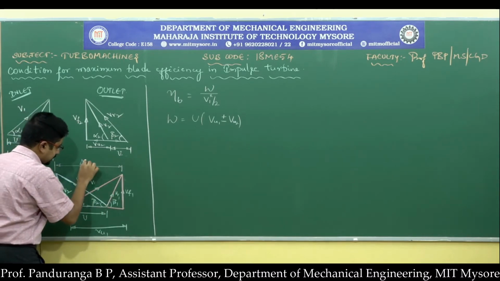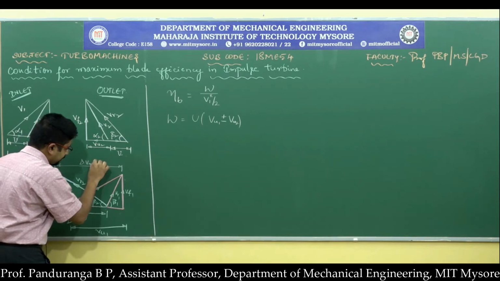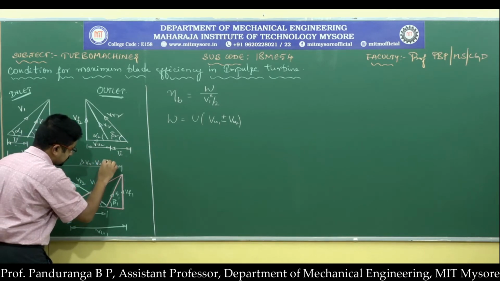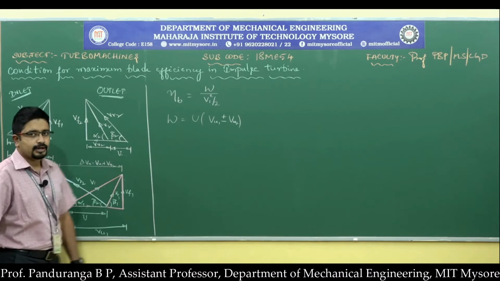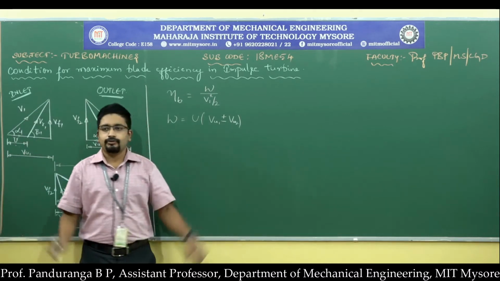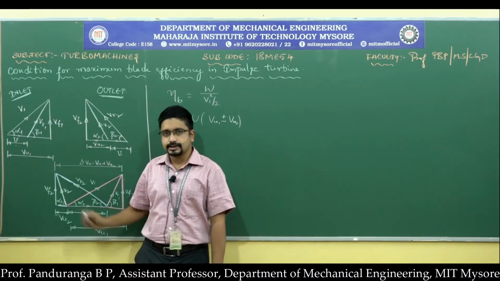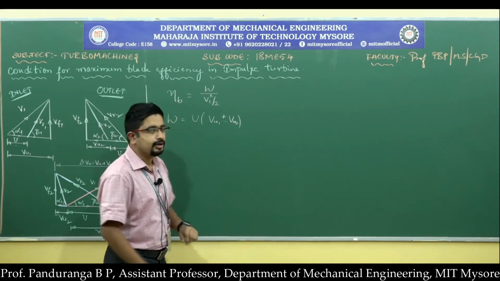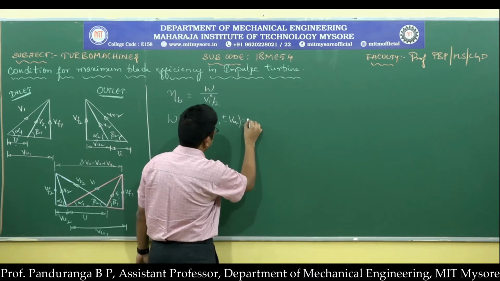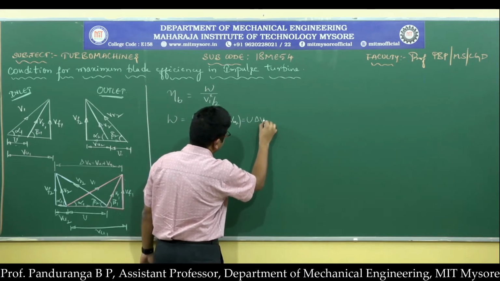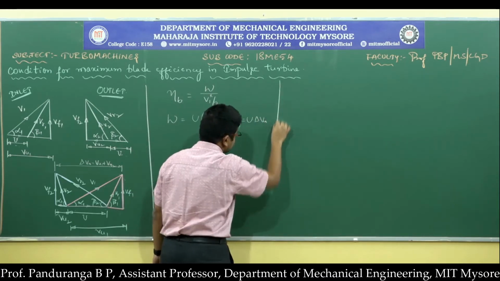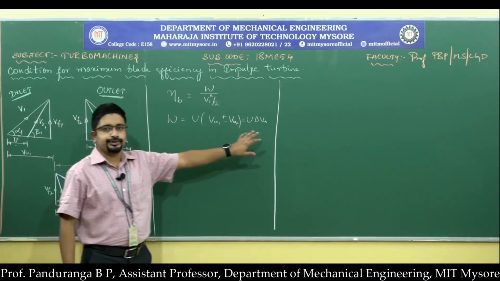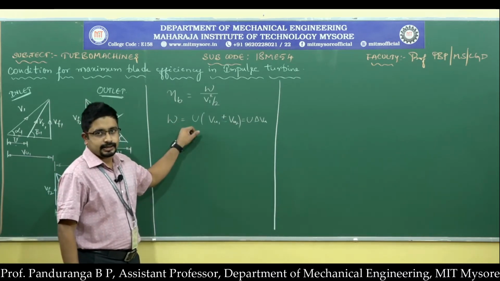So this is delta VU, which is equal to VU1 plus VU2. For this case we don't need minus, so it is VU1 plus VU2, and this can also be written as U into delta VU.